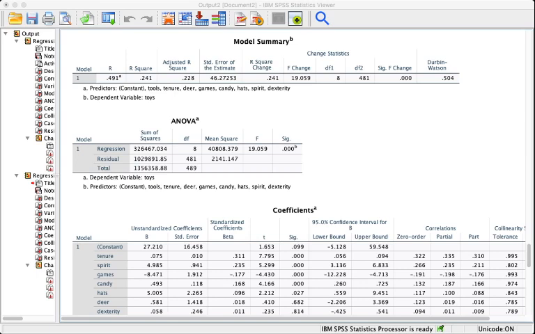It's really hard to interpret on its own, but R-square is essentially proportionate to the variance that is accounted for. So how I would interpret this is I would say the model was able to account for 24% of the variance in number of toys made.